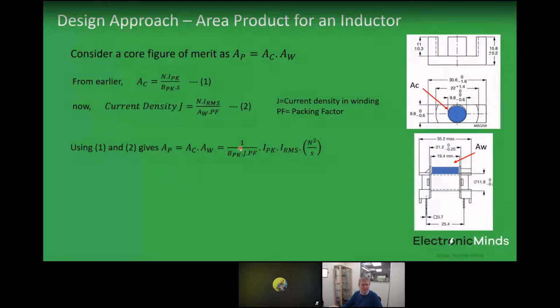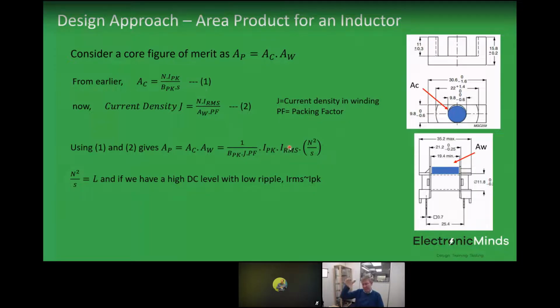It doesn't look particularly useful at the moment, but the first thing to note is that the last component here, N squared upon S, is actually equal to our inductance L. Let's say we've got an inductor that's supporting a nice high DC level with a small amount of ripple on top of it.